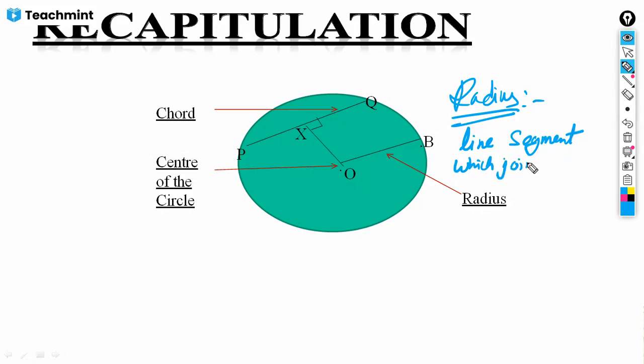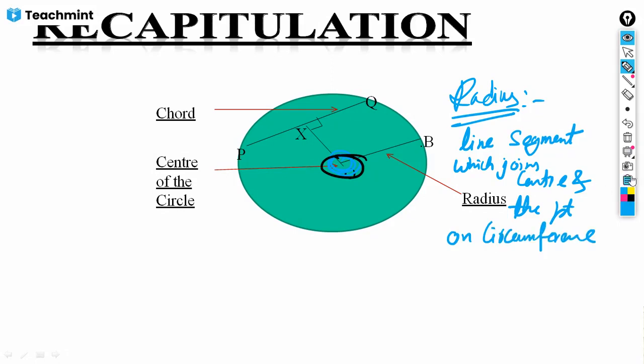You know the center? The center is here. This is the center. Let me change the color of this. This is the center. And it joins the center and a point on the circumference. The point should be on the circumference. That is what we say is a radius.